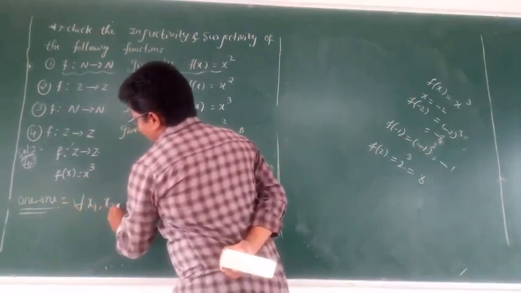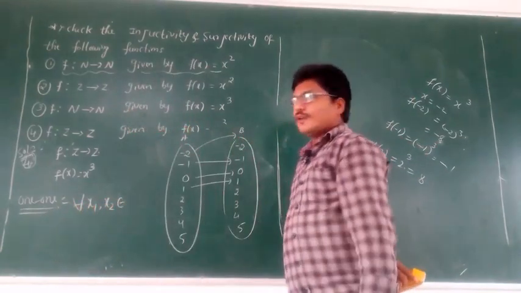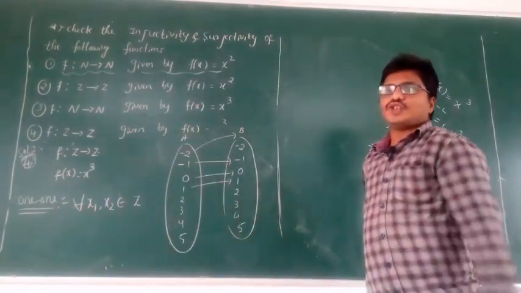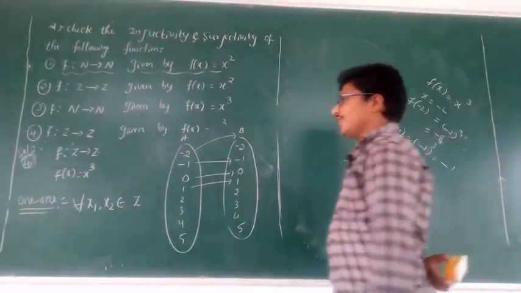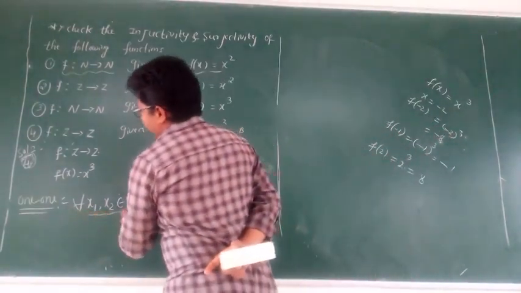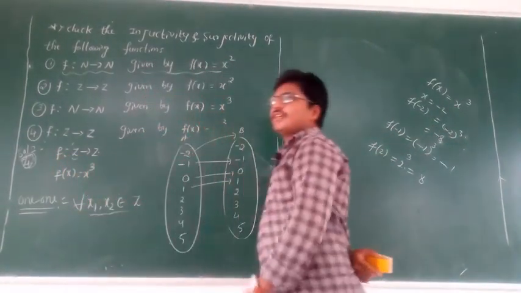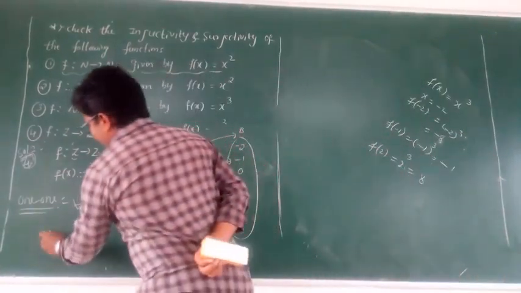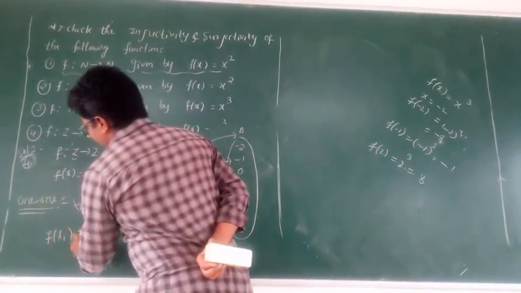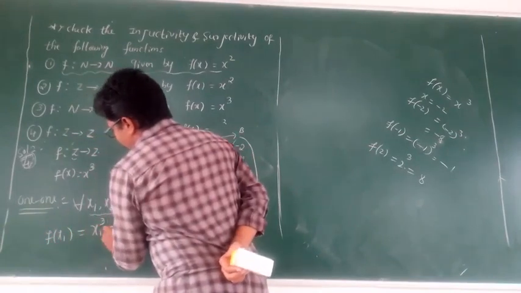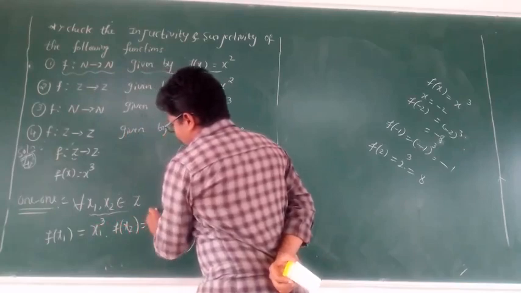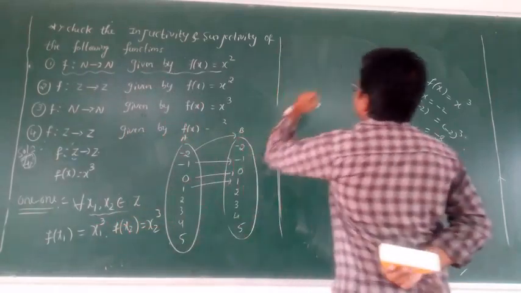x1, x2 belongs to Z, integers Z. So we should take the first set elements, x1, x2 belongs to Z. We take f of x1 is equal to x1 cube and f of x2 is equal to x2 cube, and we have to make both equal.